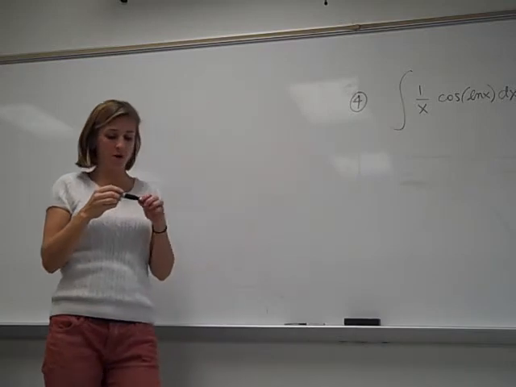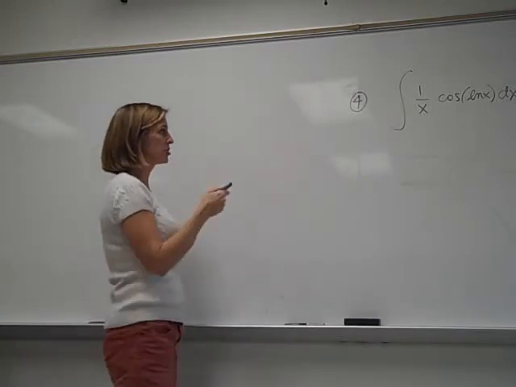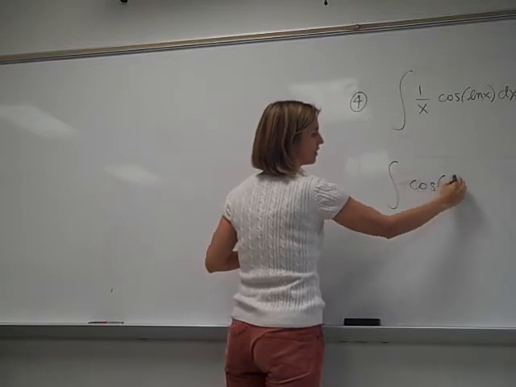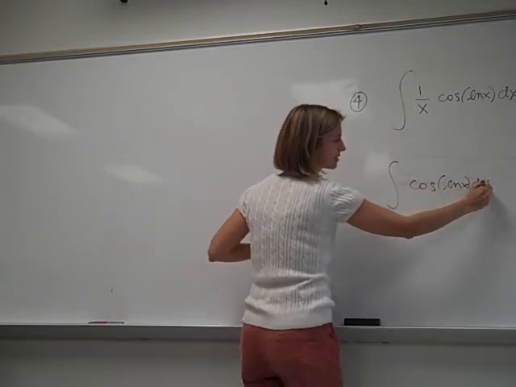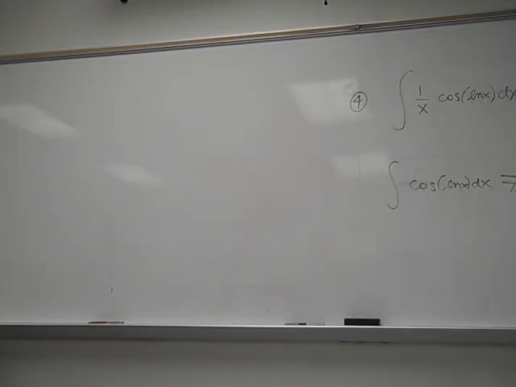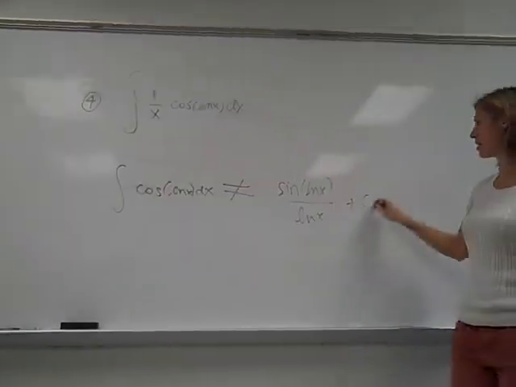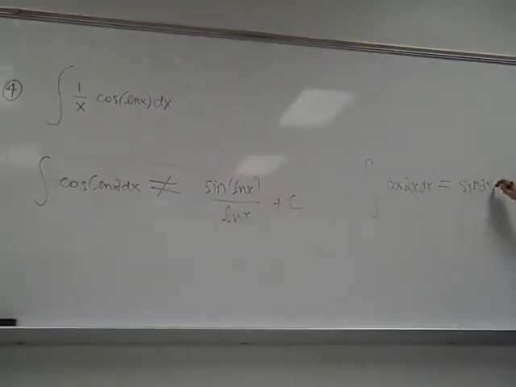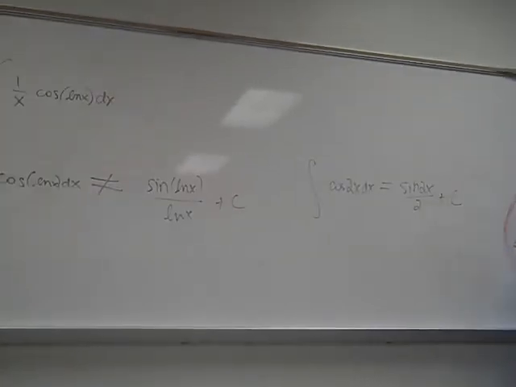Okay, for number 4, first of all, let me just back up and say, if you had the integral of the cosine of ln x dx, it would not equal the sine of ln x divided by ln x plus c. You know how, like, the integral of the cosine of 2x will equal the sine of 2x divided by 2 plus c.